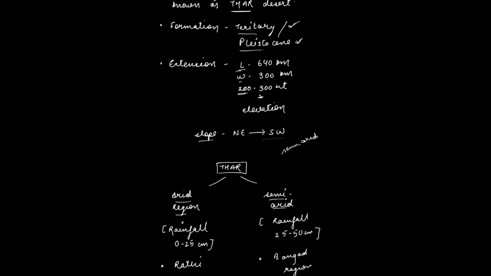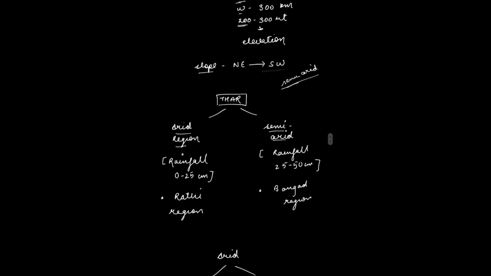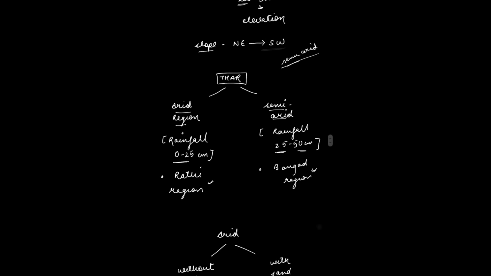So on that basis, it is further divided into arid region and semi-arid region. The arid region is known as Rathi region, while the semi-arid region is known as Bangar region. These are divided on the basis of rainfall. The rainfall received in arid region is from 0 to 25 centimeter, while the rainfall received in semi-arid region, it is from 25 to 50 centimeter.